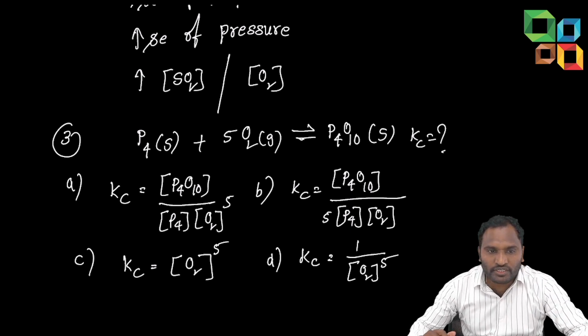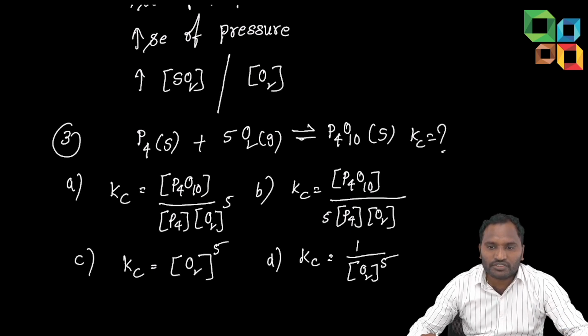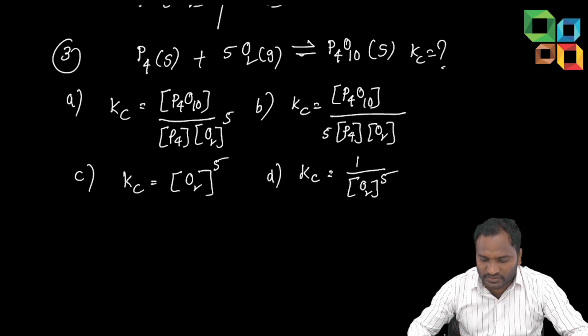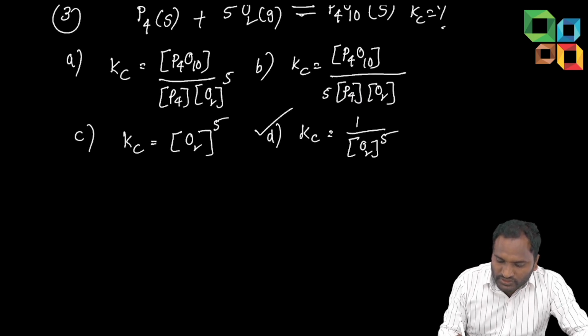I told you the other day, Aniketa, you are also wrong. Solids will take 1. For solids, concentration will be taken as equal to 1. While writing the equilibrium constant, Kc or Kp, we will consider only solids, not liquids and gases.